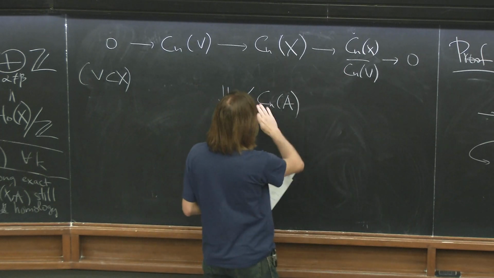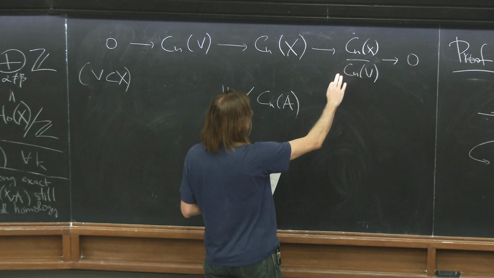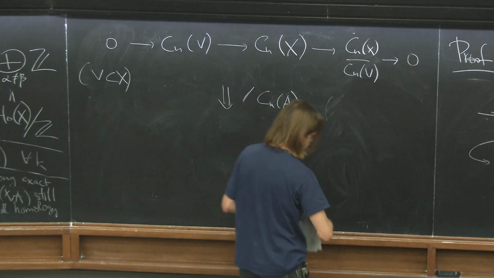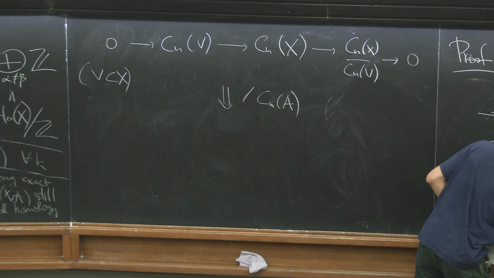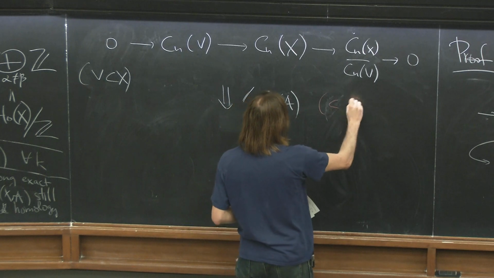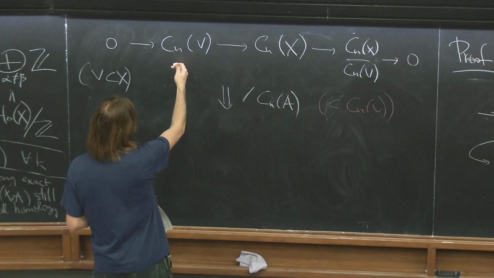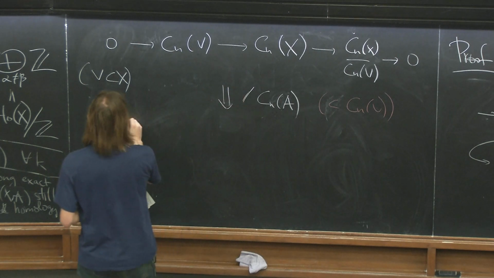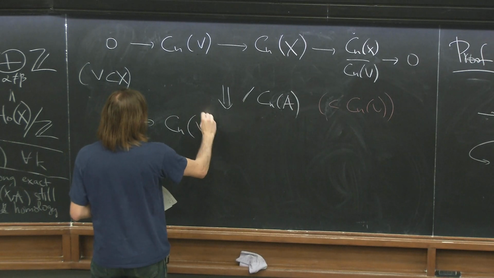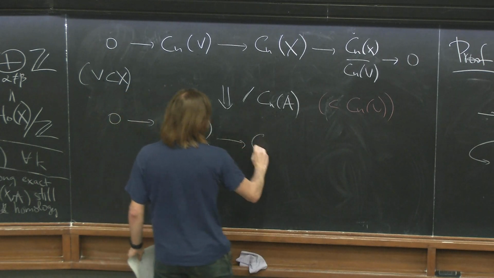So this is actually a trivial subspace here, because you already quotient with respect to all chains contained in V. But this subgroup is a subgroup in C of V. So this quotient does nothing here, but it does something here and here. This gives you the following new short exact sequence.